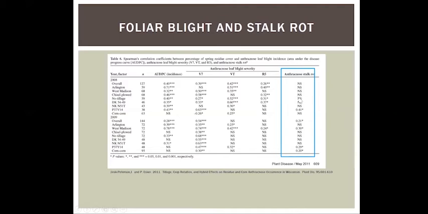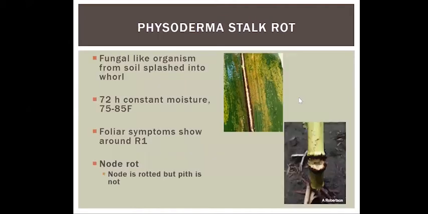So this pathogen is much more likely to enter through the roots. For that reason, spraying fungicides on top isn't likely to impact the amount of stalk rot later in the season, and that goes for all the other diseases we're talking about as well. Fungicide sprays can have other effects, which we'll talk about, but as far as directly impacting stalk rot, there's not really good evidence indicating that.